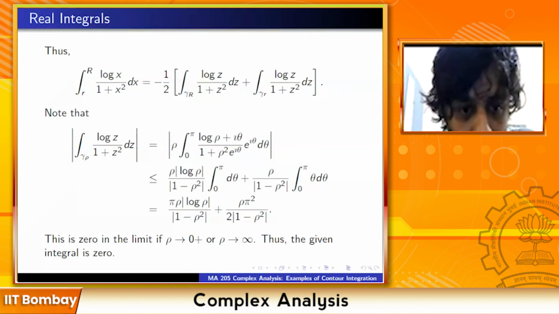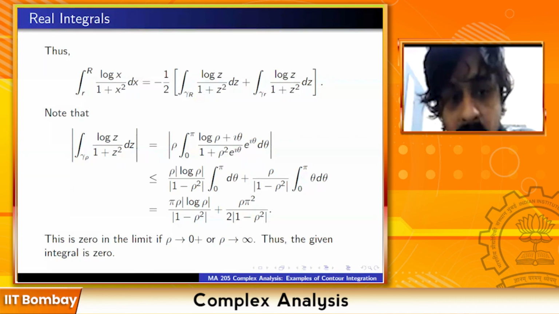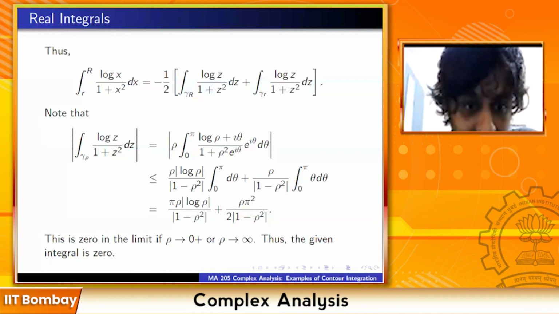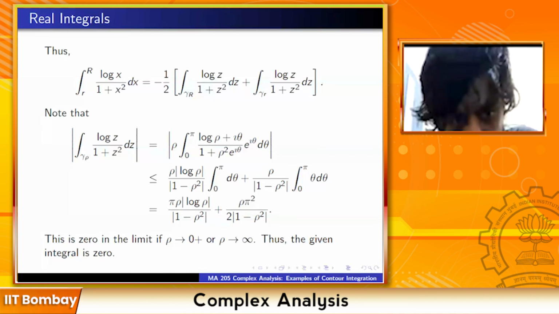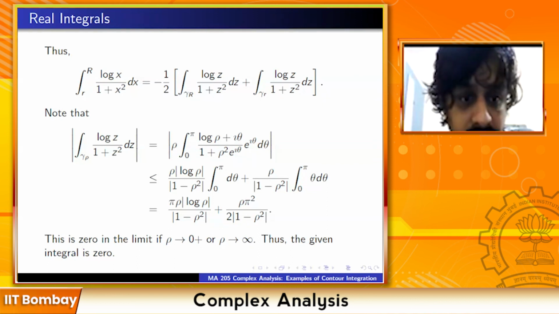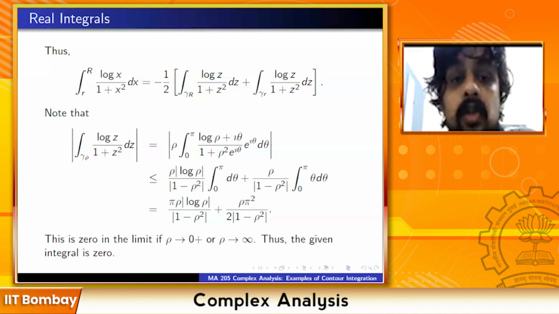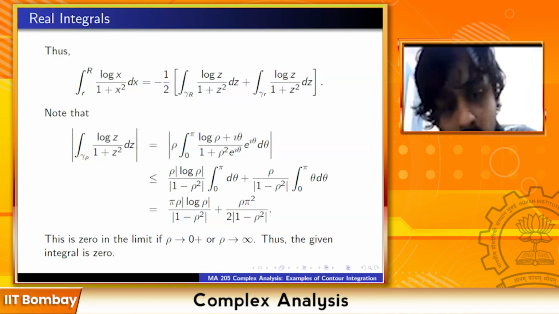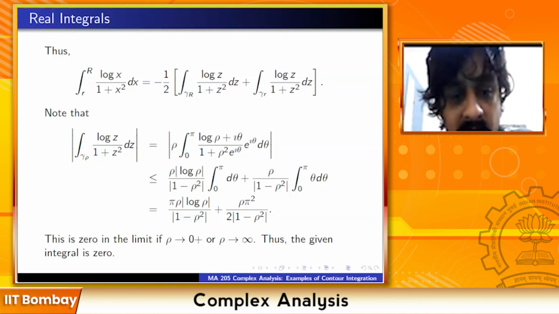So the modulus of log rho term upon 1 minus rho square will tend to 0 as rho tends to infinity. Whether rho tends to 0 from the right or rho tends to infinity, both these terms go to 0. Is it clear?